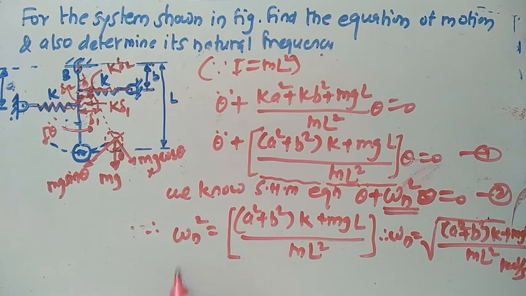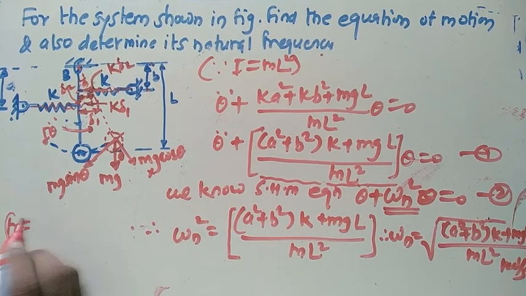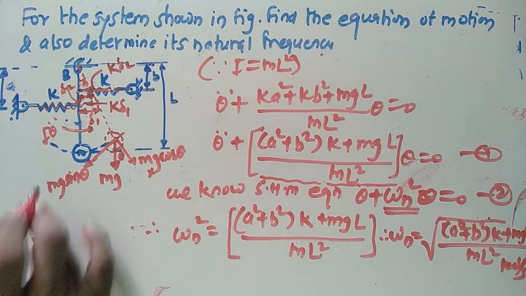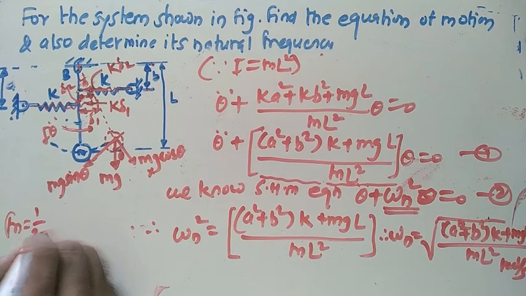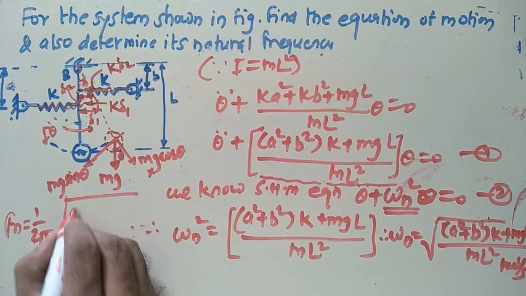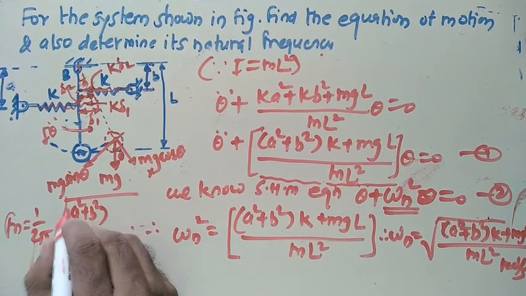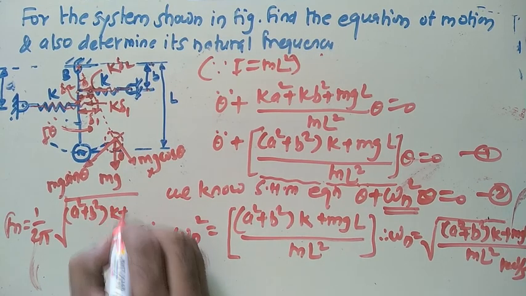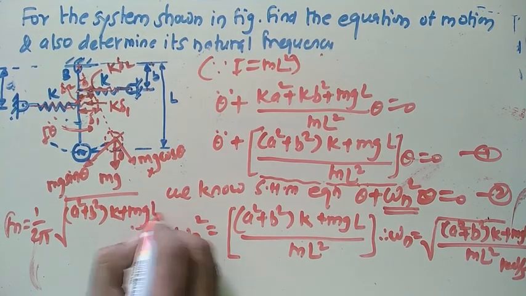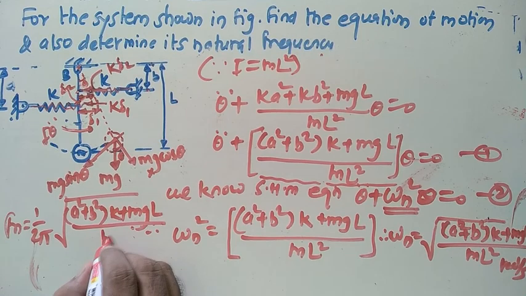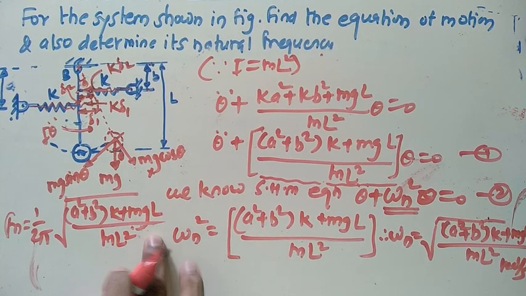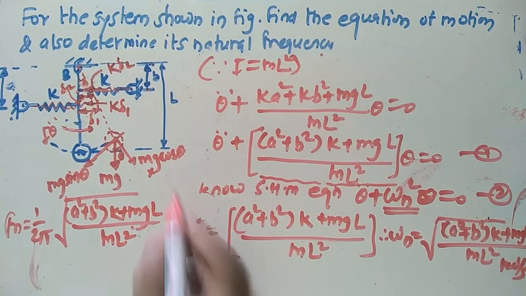And in terms of hertz, we get fn equals 1 upon 2 pi times the square root of [(a square plus b square) into k plus mgL] divided by m l square.